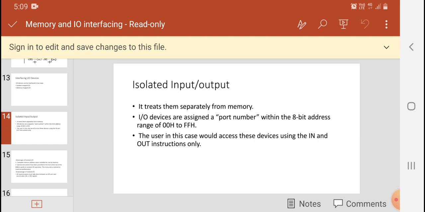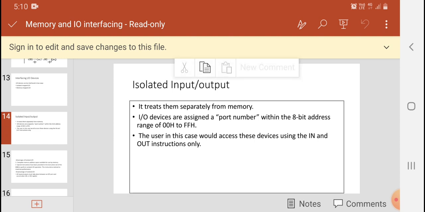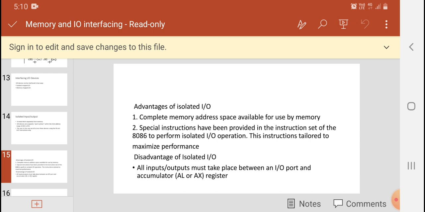Since it does not involve the 8086 memory, you can easily debug it. The instructions used for IO interfacing using isolated IO are the IN and OUT instructions, because we are mapping separately with input output devices, so IN and OUT instructions must be used here. The advantage is that the entire memory of 8086 can be used for data content, and special instructions like IN and OUT are used.